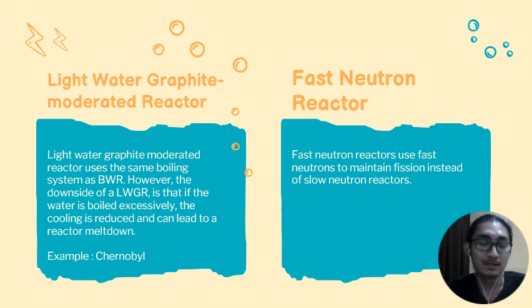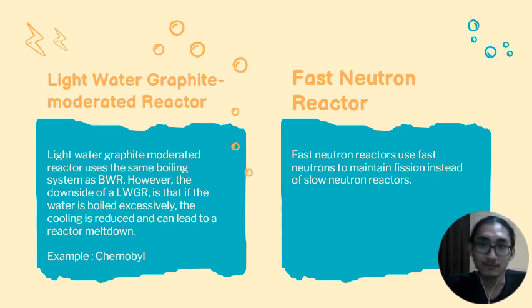In a light water graphite moderated reactor, if the water were to be boiled excessively, the cooling on the fuel rods would be reduced significantly, which could lead to a meltdown. An example of a reactor that uses this is the Chernobyl reactor.